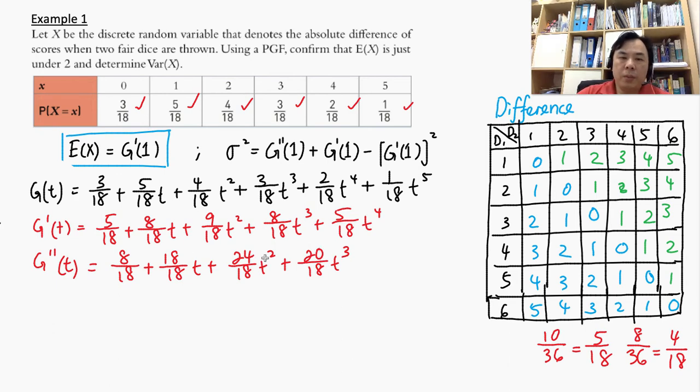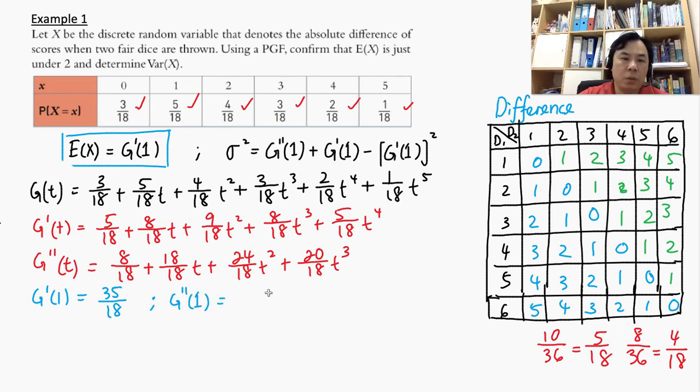Now, once we have obtained this, getting the variance should not be a problem. Now, I'll rewrite the result that we have obtained previously. So for the first derivative, by letting t equal to 1, I managed to obtain 35 over 18. And now all I need to do is evaluate my second derivative through the substitution of t equal to 1 here.